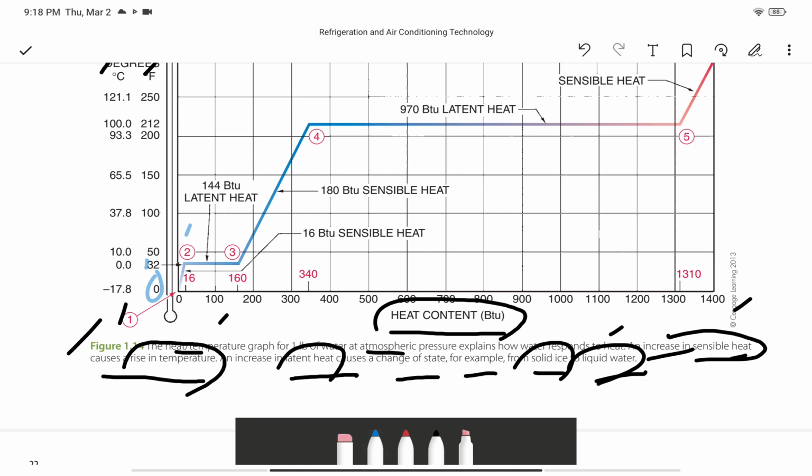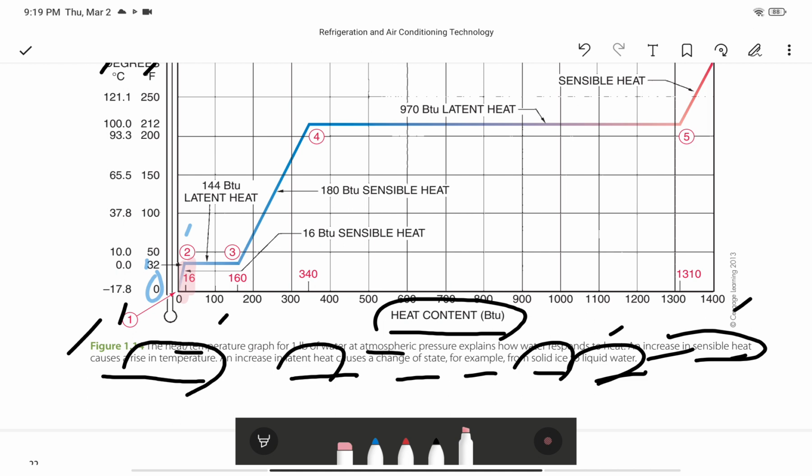So what happened? It adds some amount of water here, this portion, right? So temperature rises. What is that type of heat? That is sensible heat, because the temperature of water changes.